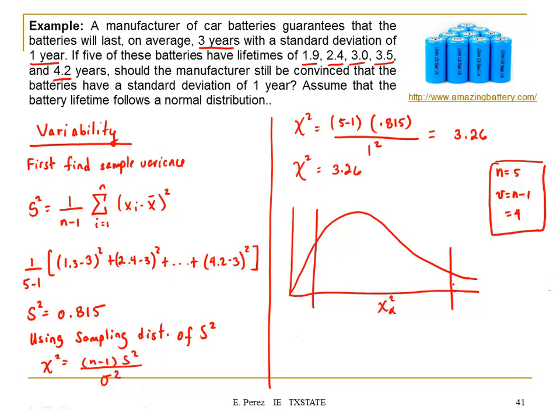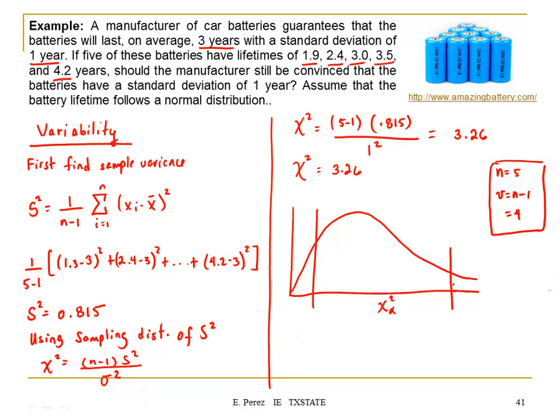And if the value that we computed for our chi-square is within these limits, that cover 95% of the probability, then we can say that the statement is valid with a probability of 95%. Now, if it is outside these limits, then we cannot make that conclusion.